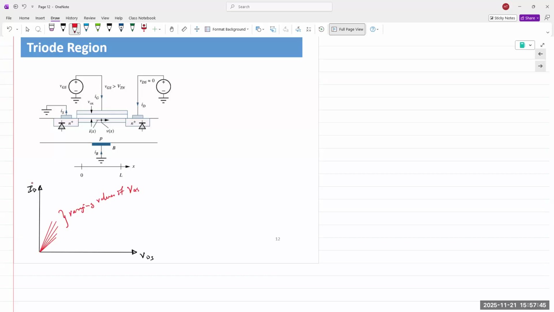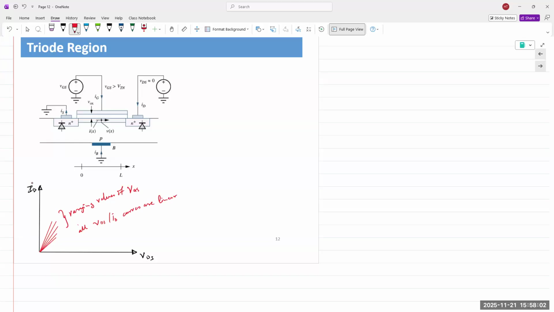During this portion, all VDS and ID curves are linear. Hence the name triode region of characteristics.